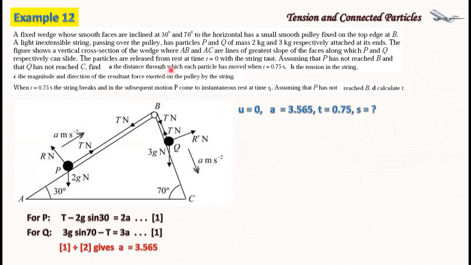The B part, the distance through which each particle has moved when t equals 0.75 seconds. So initially they're at rest, so u is 0. Acceleration is this, and that's the time. So the distance is given by s equals ut plus half at squared. We already have our a equal to 3.565. We substitute this value and that gives us 1.0 meter.